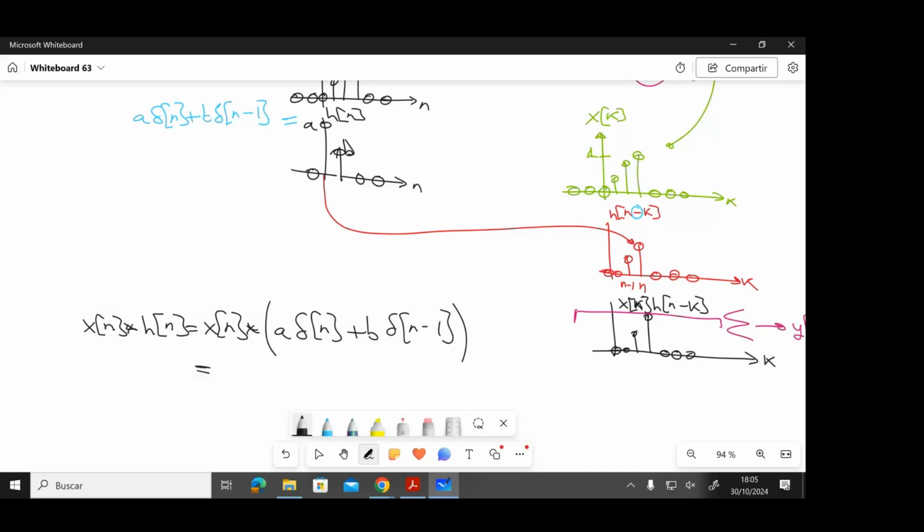But because the convolution is a linear operator, then this is a times x of n convolved with delta, plus b times x of n convolved with delta n minus 1.